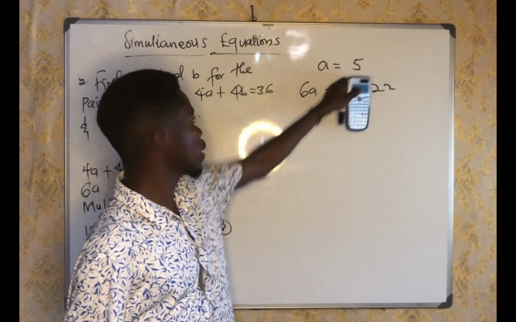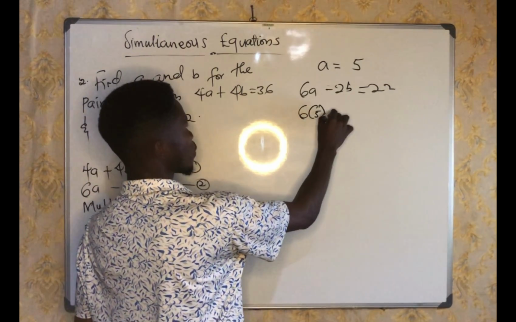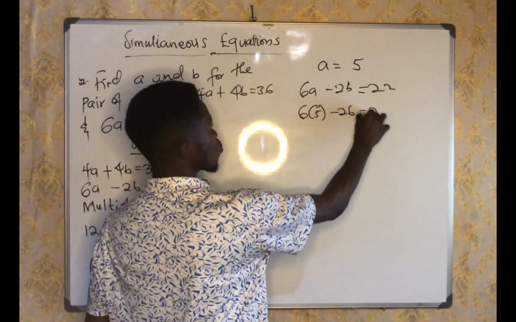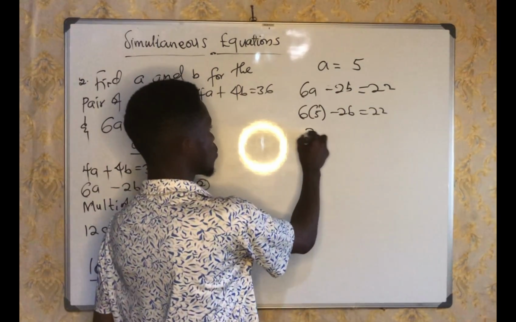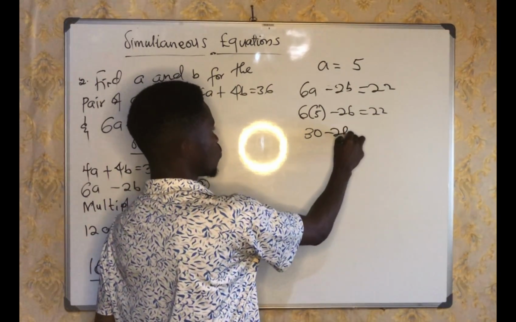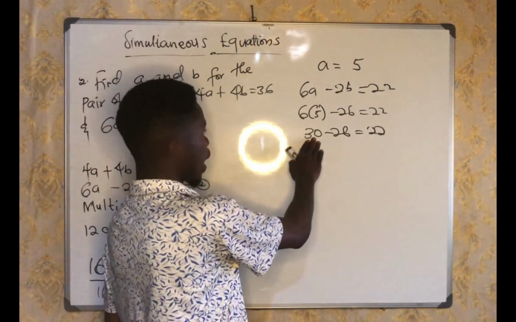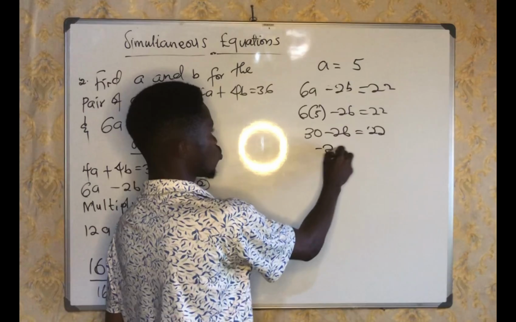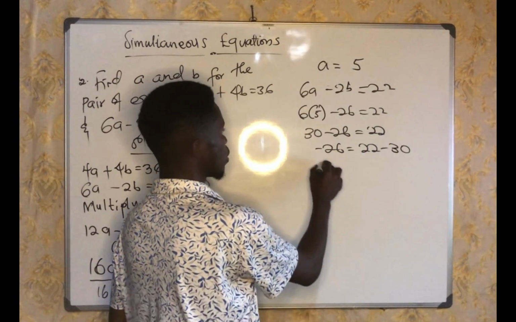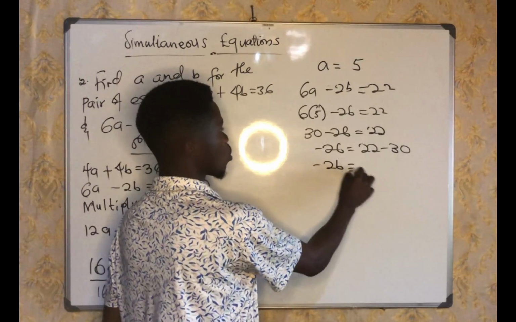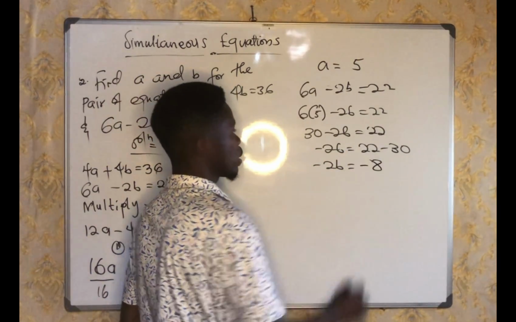But our a is 5, so I can have 6 multiplied by 5 minus 2b equals 22. 6 times 5 we all know is 30. So I have 30 minus 2b equals 22. Is that okay? I can group like terms. So minus 2b equals 22 minus 30, which will give us minus 8.